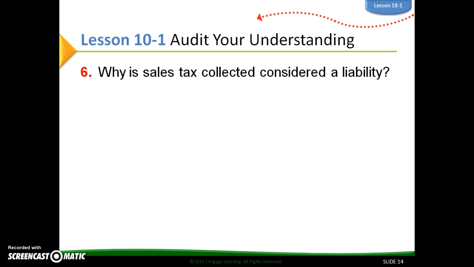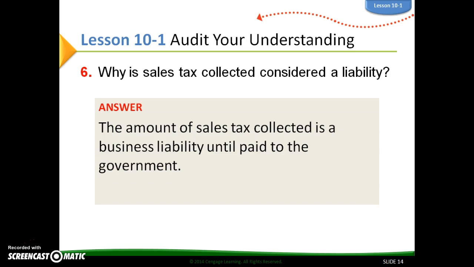Why is sales tax collected considered a liability? And in terms of liabilities, remember, those are responsibilities of a business to pay. It is a liability until we pay it to the government. So we collect it when we sell something, and we hold on to it until it's due with the government.